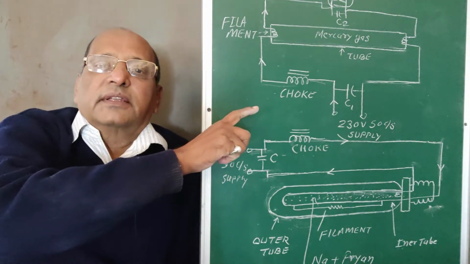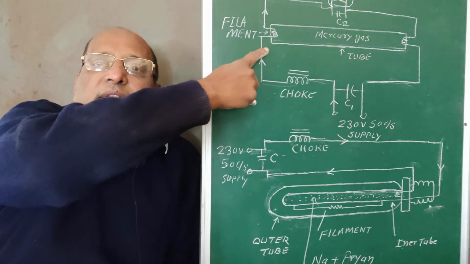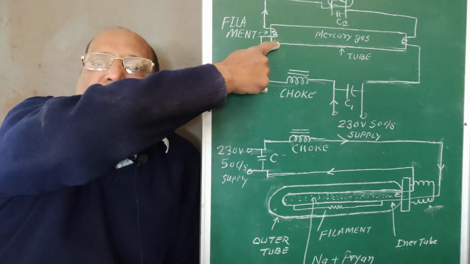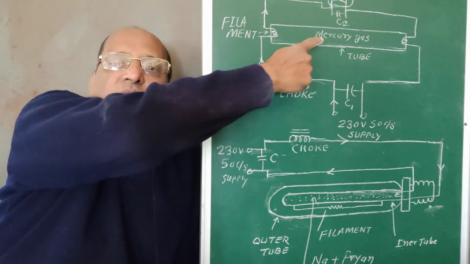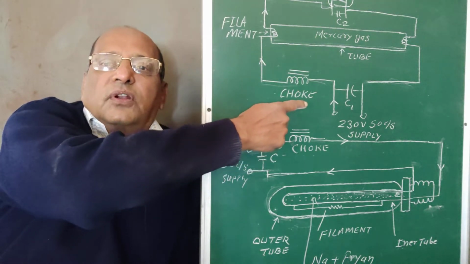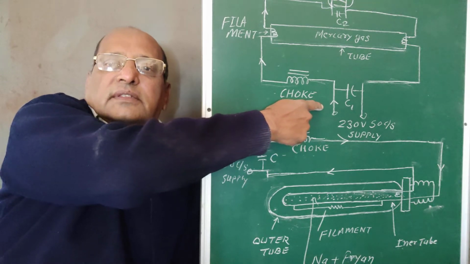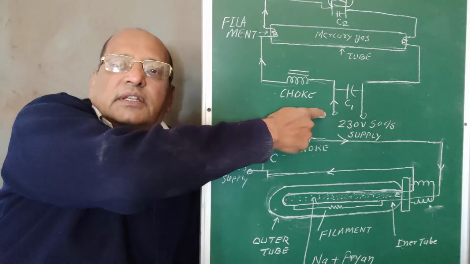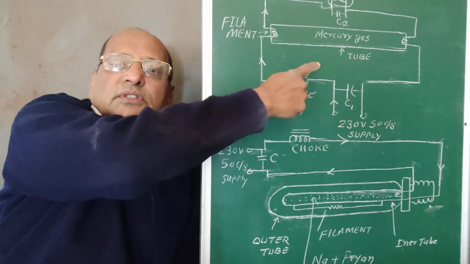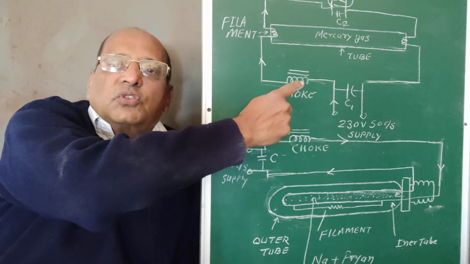In the tube light circuit, what happens? There is a tube which contains mercury vapor gas, and there are two filaments on both sides. Supply is from this side. From here, 230 volt supply is given to this tube light. There is a choke.